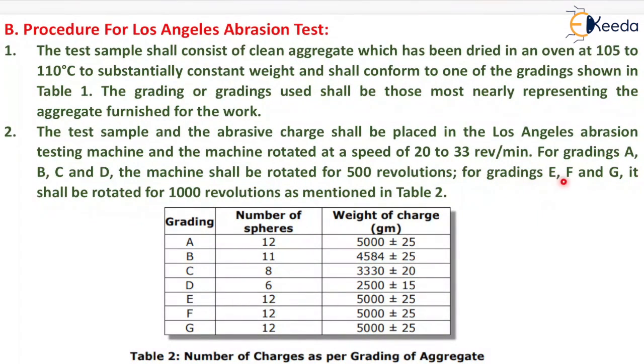For grading E, F and G, it shall be rotated for 1000 revolutions as mentioned in this table. Now for A type aggregate, the number of spheres required is 12 and weight will be equals to 5000 plus minus 25 grams. Similarly for B, C, D, E, F and G, number of spheres is written here and weight of charge in grams is written here.